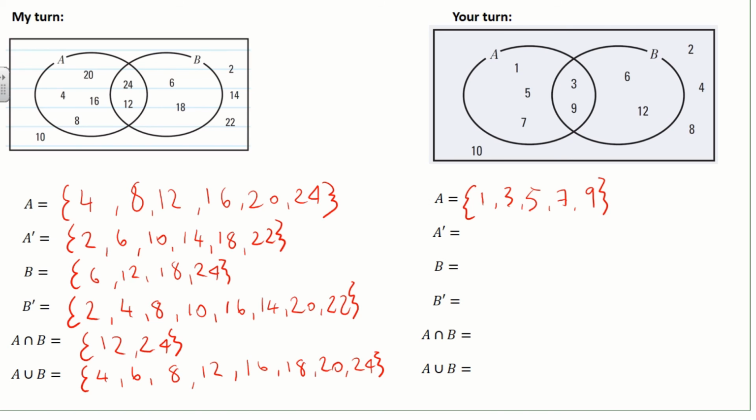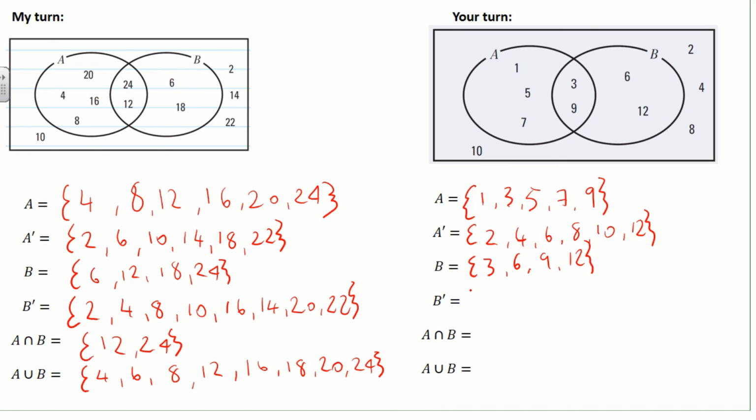For not in A, we've got the numbers that are not in A, so we've got 2, 4, 6, 8, 10, 12. In B, we've got 3, 6, 9, and 12.